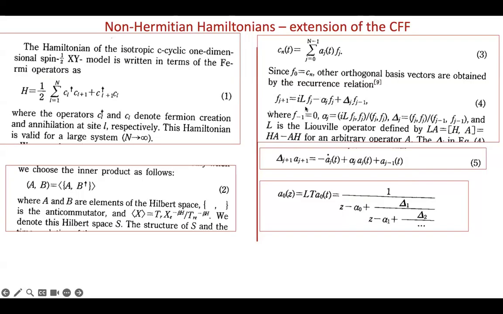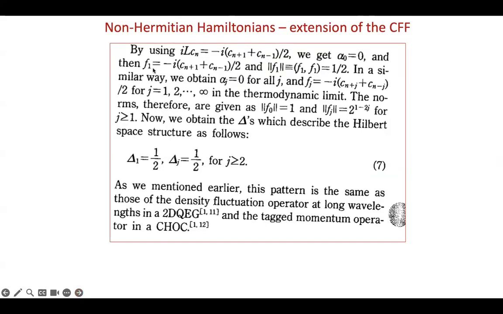And if you apply this, then you end up getting f_1 equals i times (C_(n+1) minus C_(n-1)) over 2, and f_j is, over 2, C_(n+j) plus C_(n-j) over 2. f_j equals that.